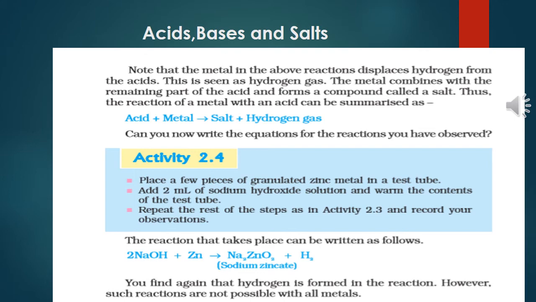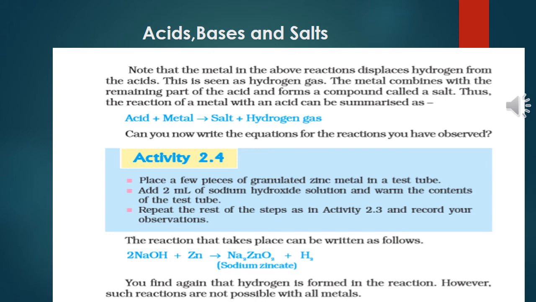Note that the metal in the above reactions displaces hydrogen from the acid. This is seen as hydrogen gas. So why is hydrogen gas formed, liberated or evolved? Because in this case, the acid was sulfuric acid, H2SO4. In H2SO4 hydrogen is there and it reacts with metal zinc.